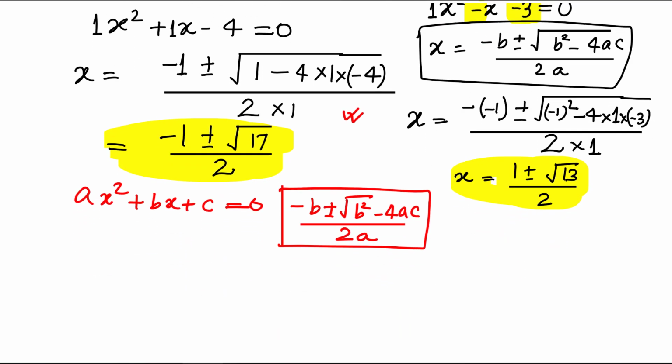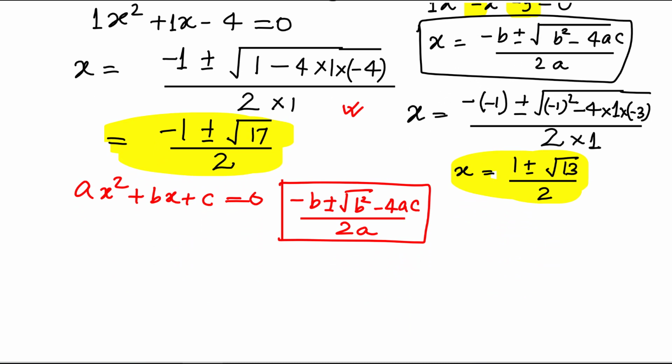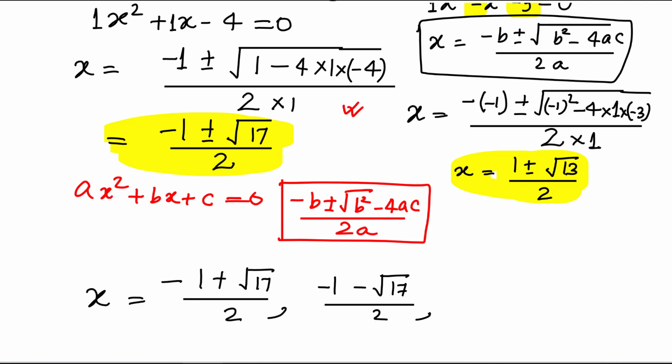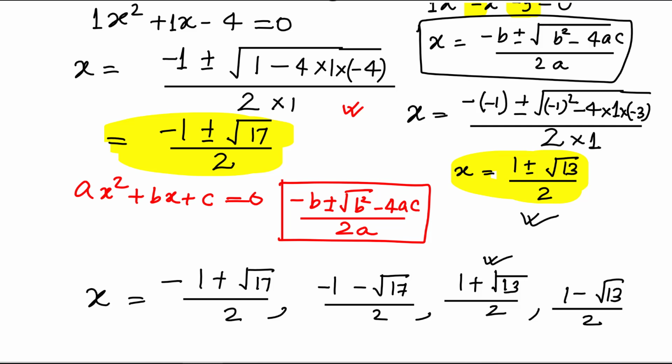So x can be minus 1 plus root 17 by 2 and minus 1 minus root 17 by 2, and then I will have 1 plus root 13 by 2 and 1 minus root 13 by 2. These two are coming from here. So we have 4 solutions.